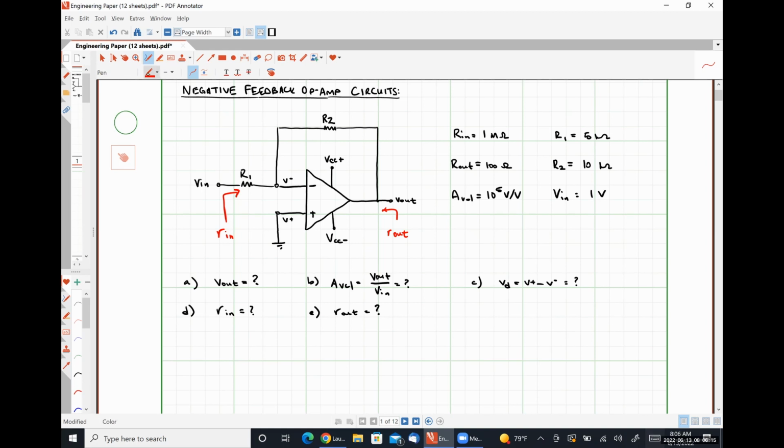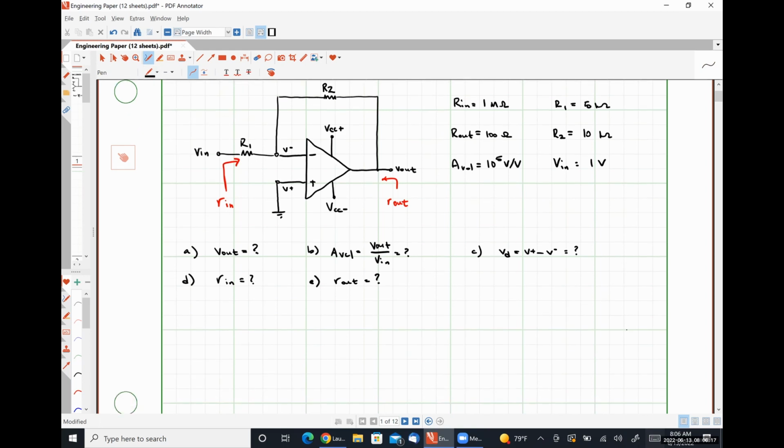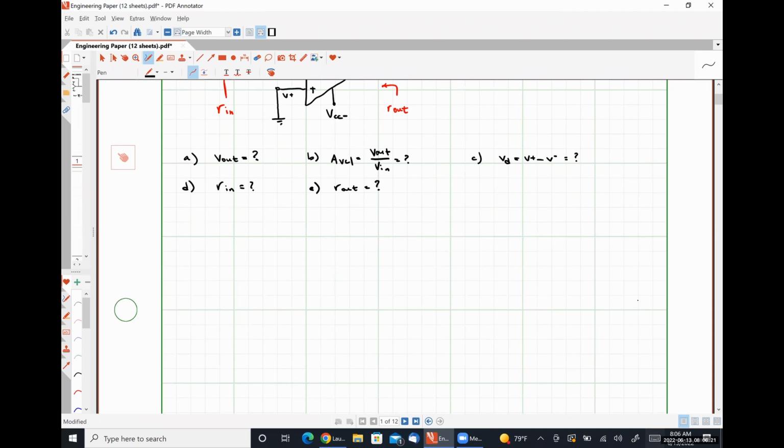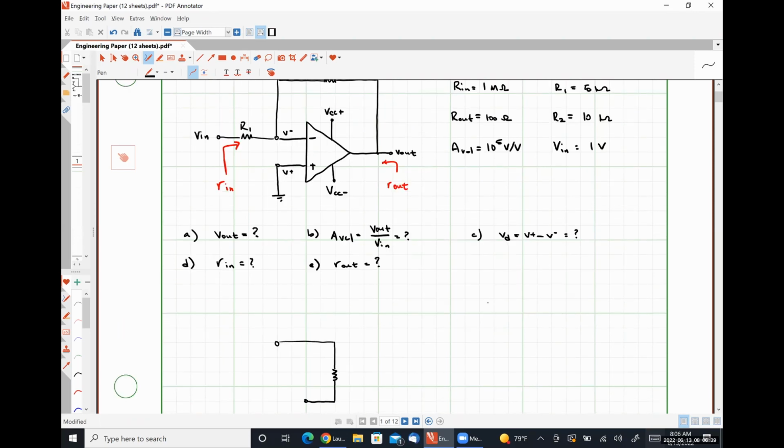So we are going to analyze this circuit using the practical op amp model. And so, as per usual, the first thing that I will do is draw my practical op amp model, and then I'll make all of our necessary connections. I am going to do something slightly different here. Let's see, so this should be 1 mega ohm.